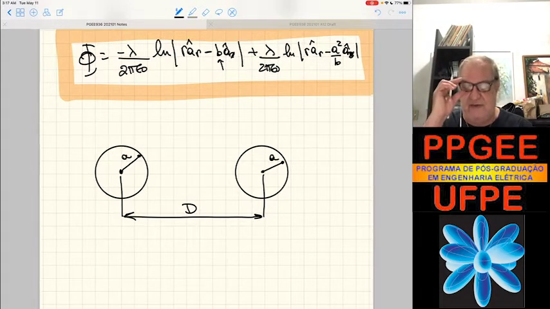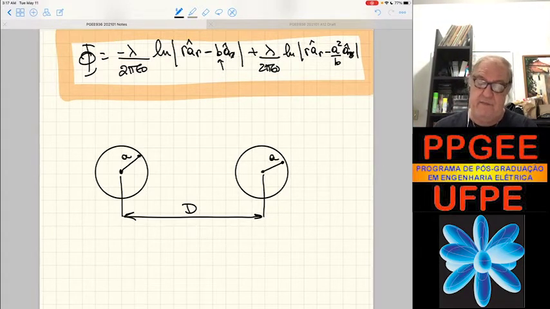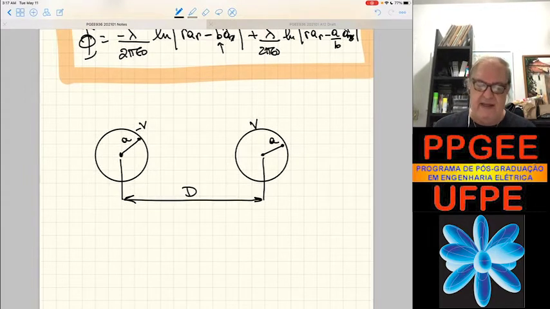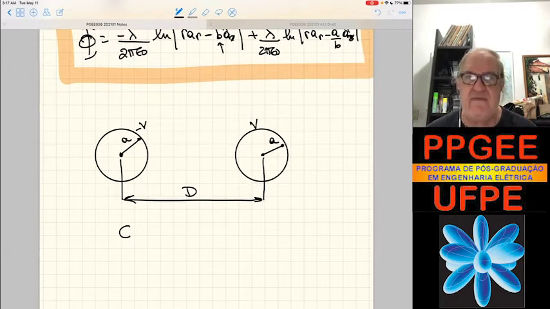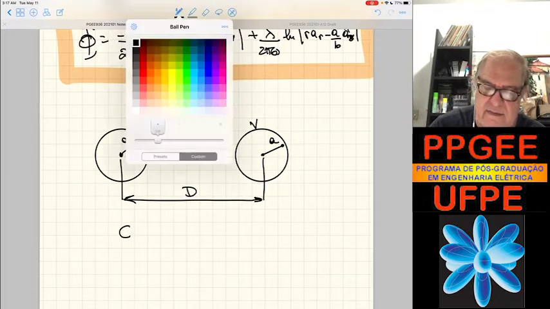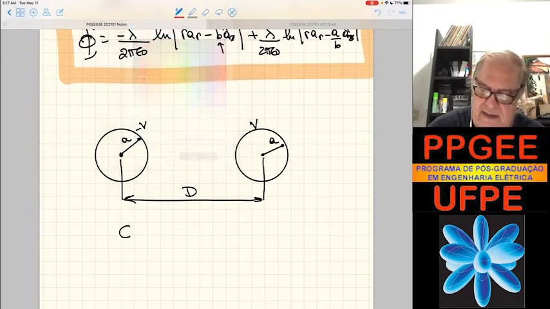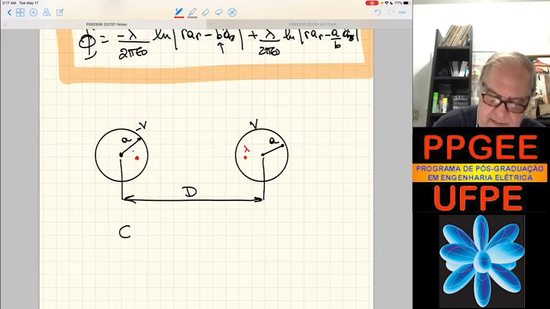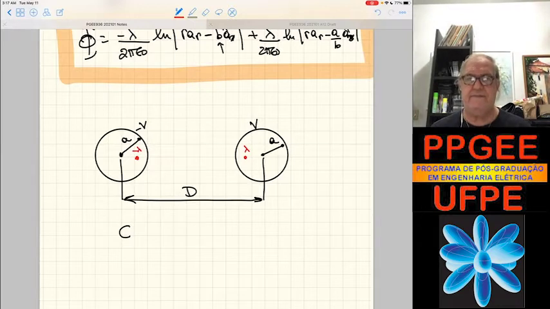I'll leave it to you to solve that one. And also I have the potential V and minus V. So given this situation, what is the capacitance per unit length of this structure? Well, if we find equivalent charged lines that give a constant potential at those two surfaces, then we solve the problem, right?